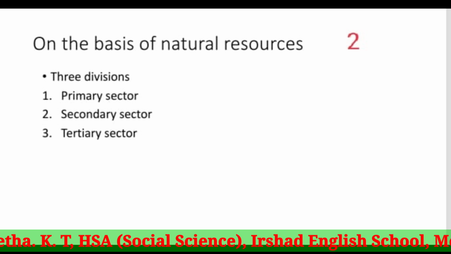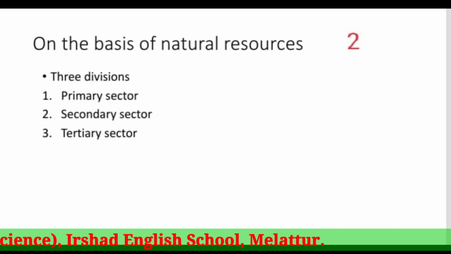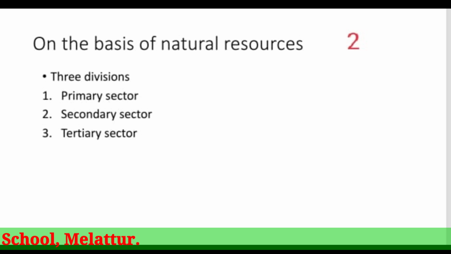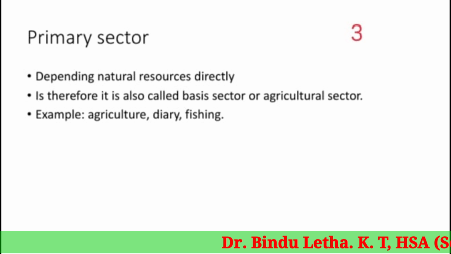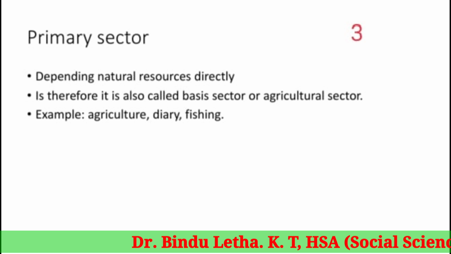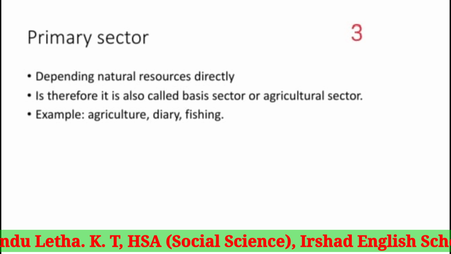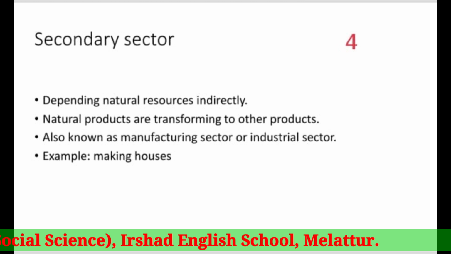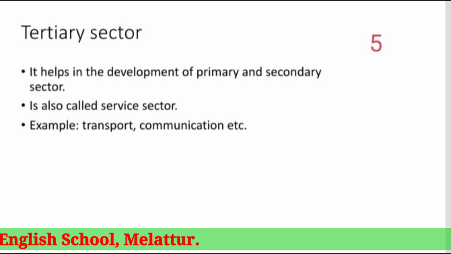The primary sector, secondary sector, tertiary sector, organized sector, unorganized sector, public sector, private sector, etc. were the examples. On the basis of dependence on natural resources, the sectors can be divided into three: primary sector, secondary sector, and tertiary sector.